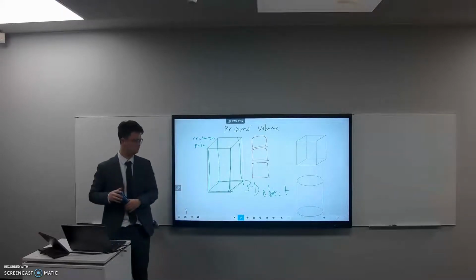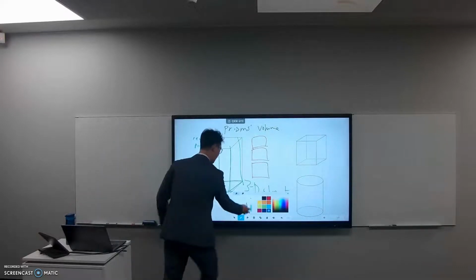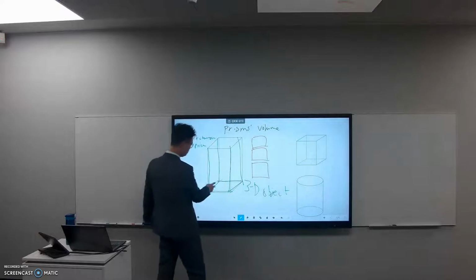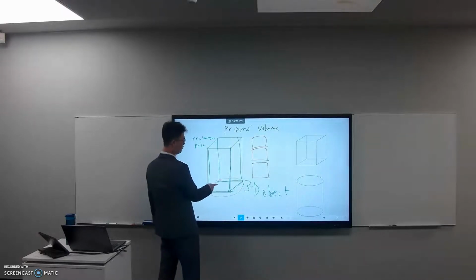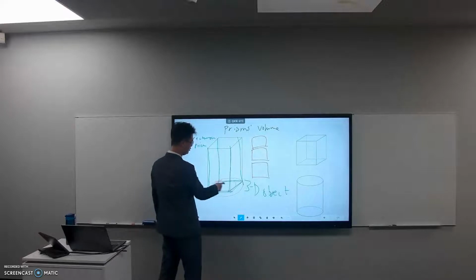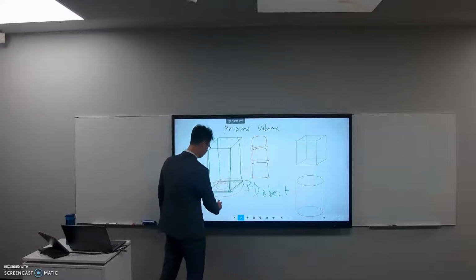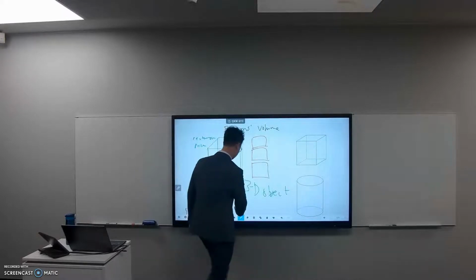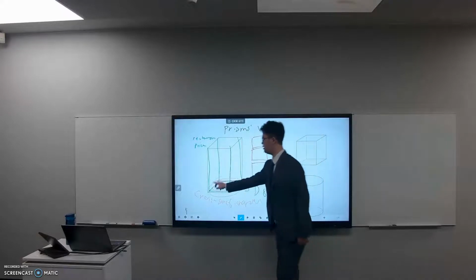it's whatever the base area of this shape is. In this case, the base area is the area of this base, or we call this the cross section area. This section.